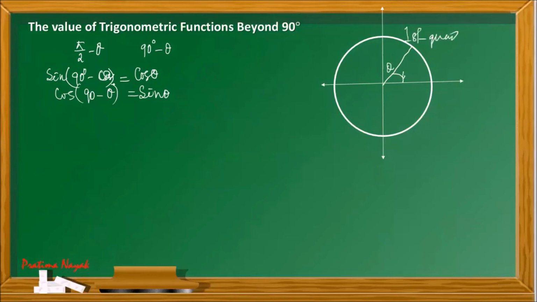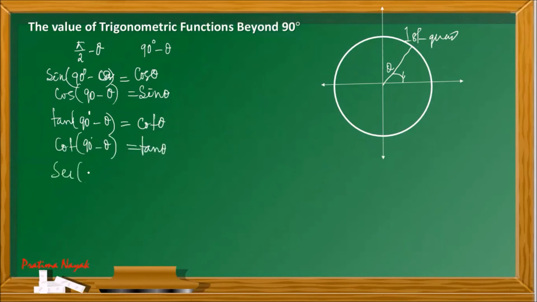So sine 90 minus theta is cos theta, cos 90 minus theta is sine theta, tan 90 minus theta will be cot theta, cot 90 minus theta is equal to tan theta, sec 90 minus theta is equal to cosec theta, and cosec 90 minus theta is equal to sec theta. So here we got 90 minus theta done.